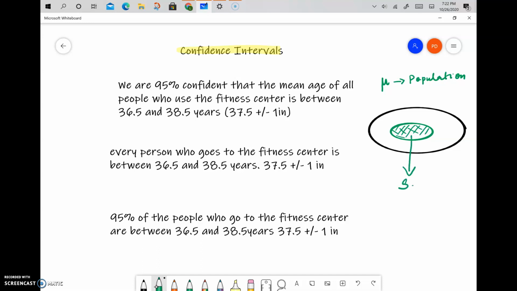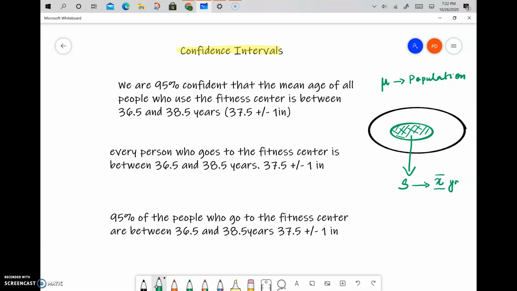And from this sample of a certain number of people, we figure out the average age of those people. Since the average now is for the sample, we denote it by the letter X bar. Remember the difference. Mu is the average of the population, X bar is the average of the sample.